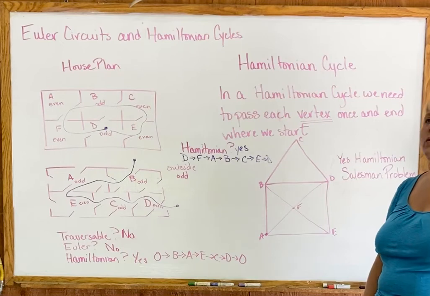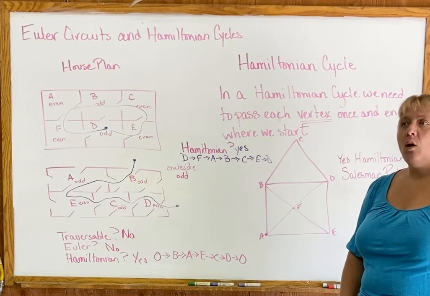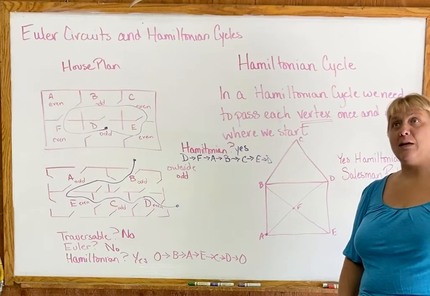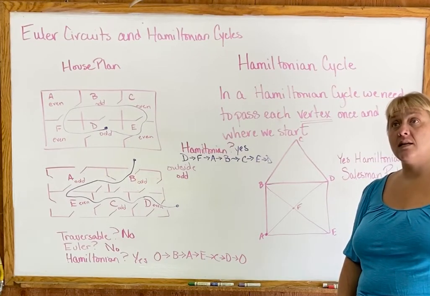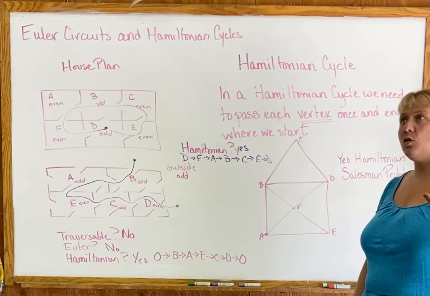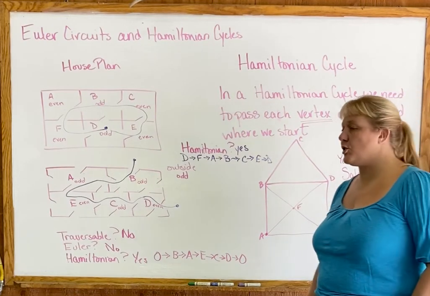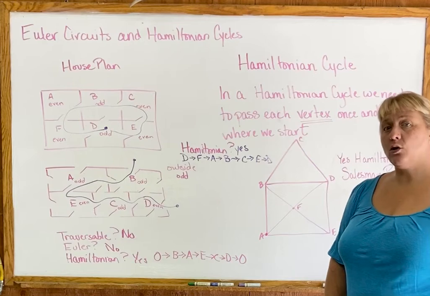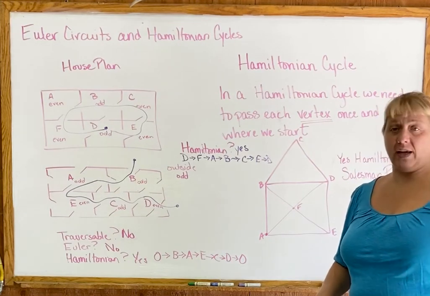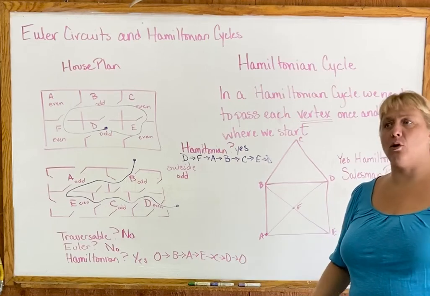So here's where the Euler circuits happen. Euler circuits are used in grocery stores, in parking lots, in subdivisions, okay? So the idea behind the Euler circuit is, like if you're in a grocery store and you're doing a full, thorough grocery shopping, not just going in for one thing, but you have to fill your whole house.